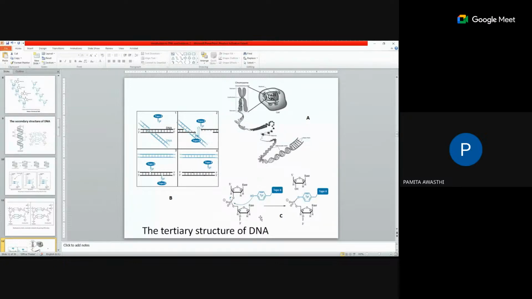Strands are pulled out, DNA does its function, and again it detaches itself from this position, and the DNA takes up the compact form, supercoils again and goes back to its position. So this is the complete process, and this whole structure is called the ternary structure of the DNA.